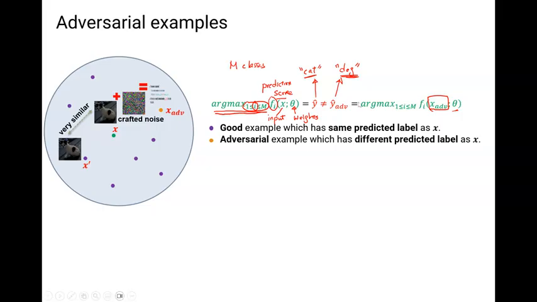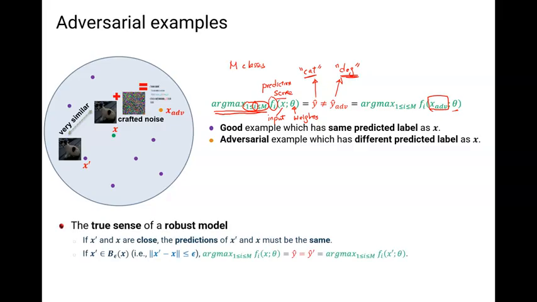So these are just mathematical formulations of what I have just said. Obviously, it would be best if you could train a model that, for any image very similar to the original cat and within this bound, classifies them all as cat.